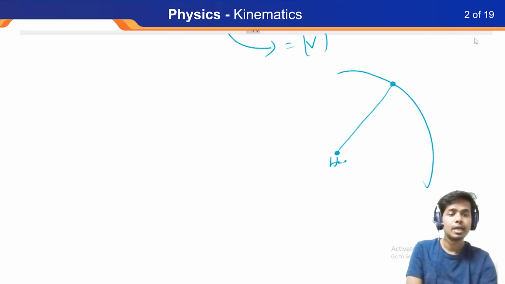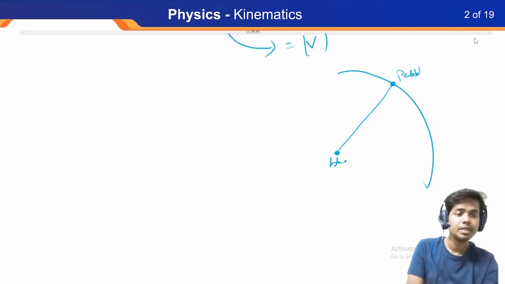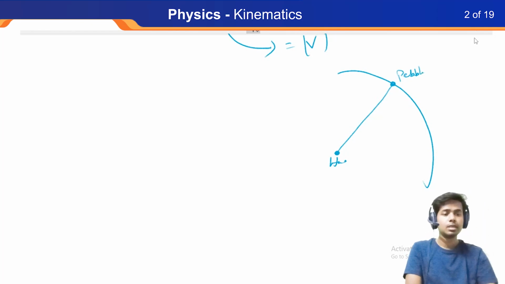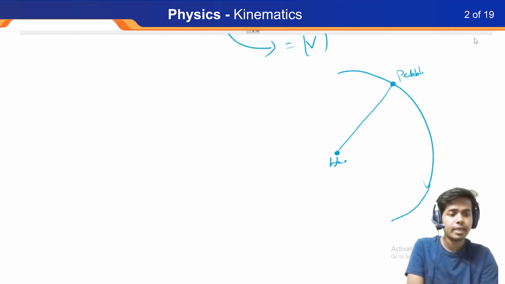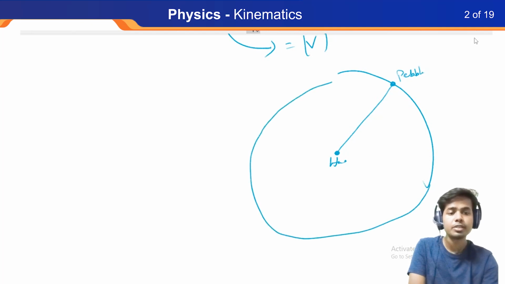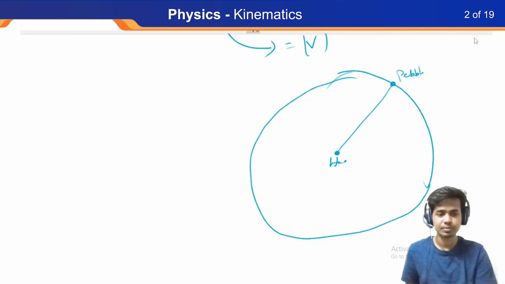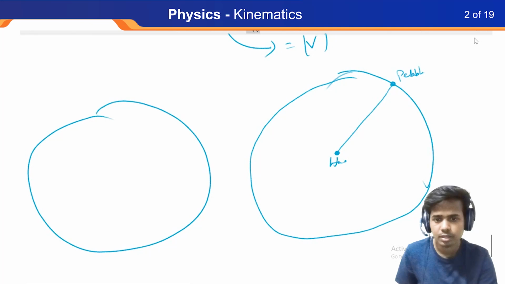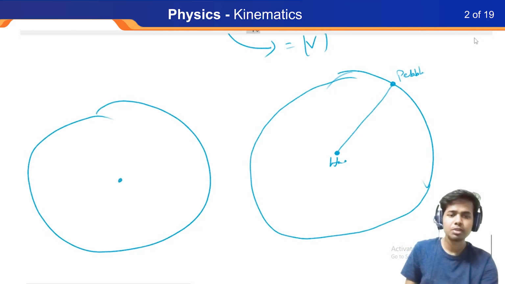This is a hand and this is the pebble, and you are whirling the pebble circularly so that it gets into a circular trajectory. Sorry for the bad drawing, or maybe I can draw it again. Yes, circular trajectory.